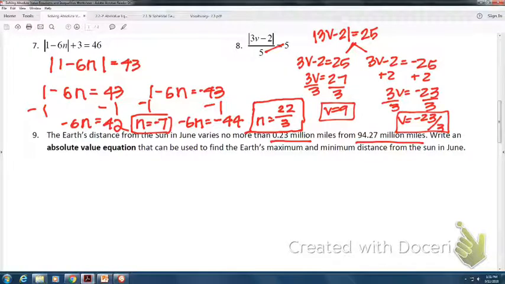Write an absolute value equation that can be used to find the Earth's maximum and minimum distance from the sun in June. Okay, so the format that we use for this is absolute value of A minus B equals the distance between A and B.